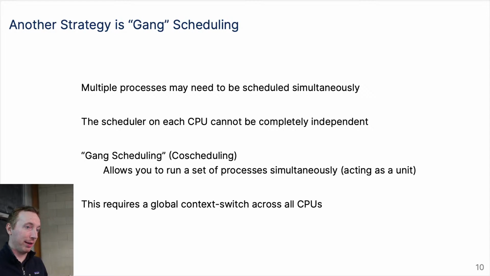This is also referred to as co-scheduling. It allows you to run the set of processes simultaneously, and essentially they are all scheduled as one big unit. Of course, this would require a big global context switch across all CPUs because they all need to context switch essentially simultaneously. But you will only really find this if you ever go into high performance computing.